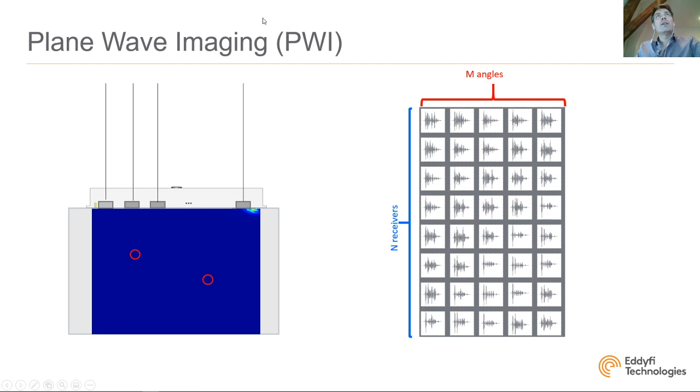On the Gecko today, or on the Panther, on all our systems actually, except the Mantis, you have this plane wave imaging option. I will show you our website with the blog. We presented something. With plane wave imaging, we fire a plane wave instead of firing one element at a time. And at the end of the process, because you fire fewer times, you have less data.